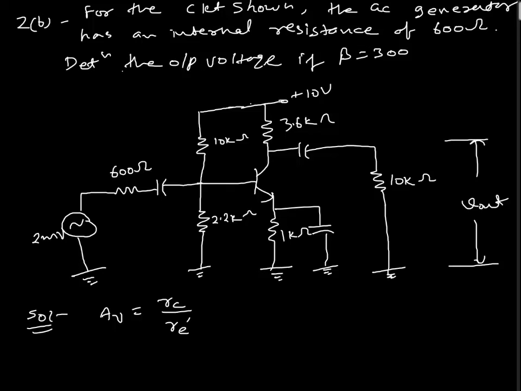Okay, now what is RC? This RC is capital RC parallel RL. Now what is capital RC? This is 3.6 kilo ohm parallel to RL, which is 10 kilo ohm.